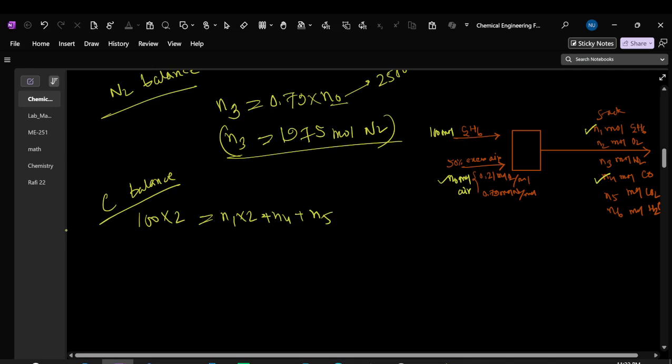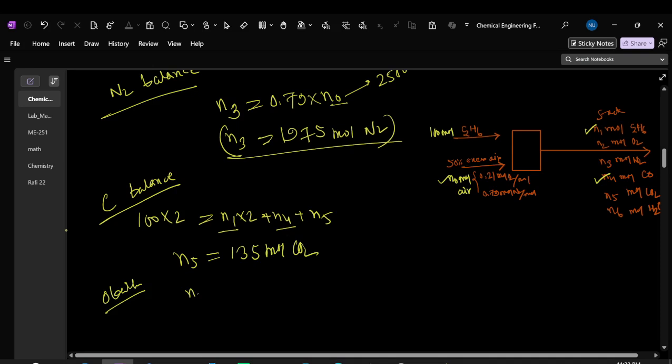In this equation N1 is already known and N4 is already known, so the unknown N5 is equal to 135 mole carbon dioxide.